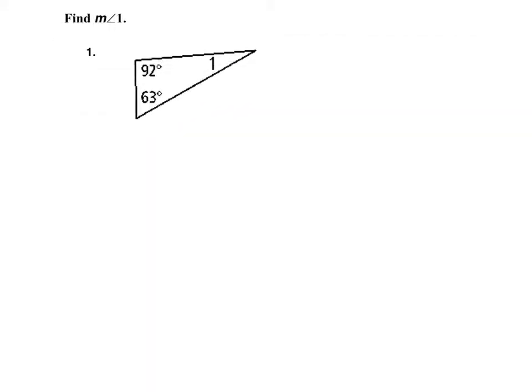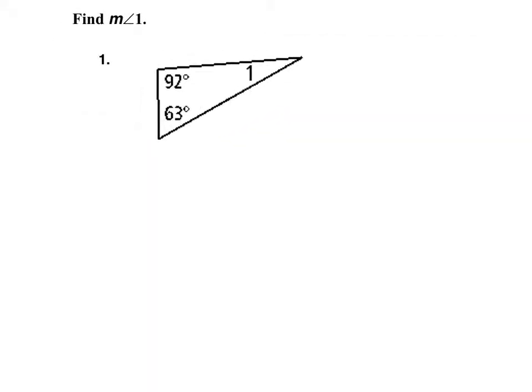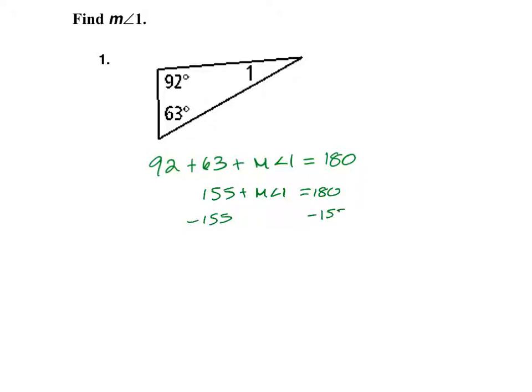My first one is I want to find the measure of angle 1. Again, all those angles are interior angles. So that means that 92 plus 63 plus the measure of angle 1 equals 180 degrees. So 155 plus the measure of angle 1 equals 180. So minus 155 on both sides.